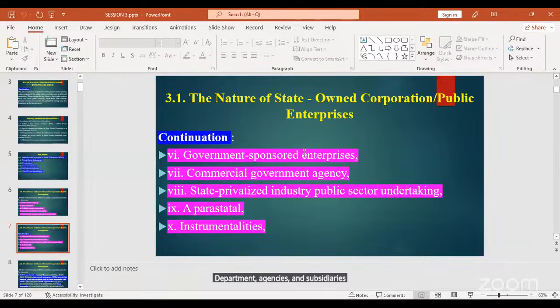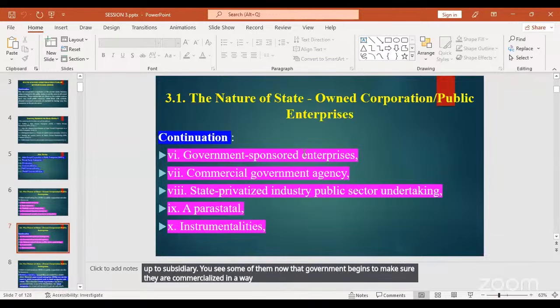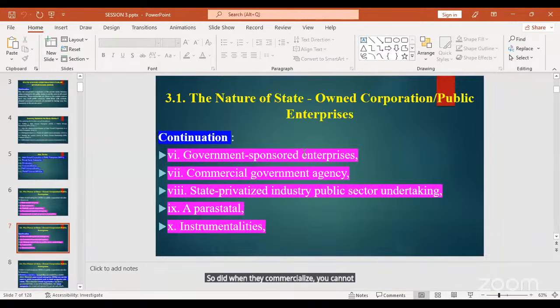Now, most ministries may not run after profit making. When you move to departments, they may not be too deep into profiteering either. But from department, agency, up to subsidiary, you see some of them where government makes sure they are commercialized in a way. The way they commercialize, you cannot compare it to the private sector.